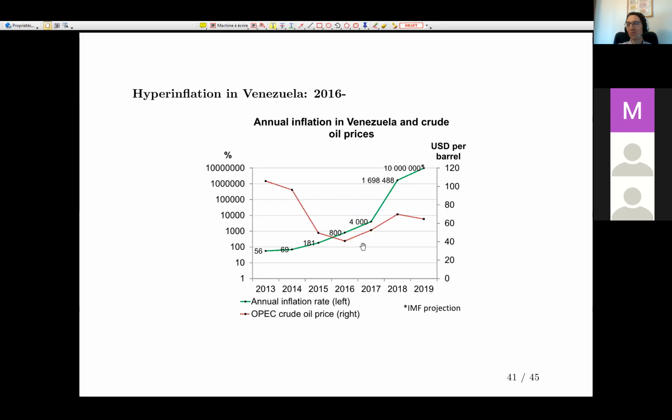Then you have very little taxes, and usually what happens when you have some extremely large sector... Oil represented 95% of Venezuela's exports, and 25% of its GDP. That's huge, of course.